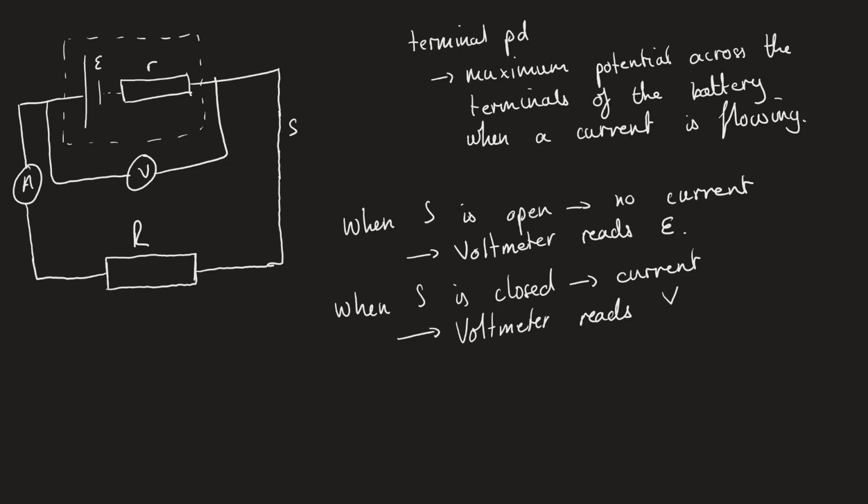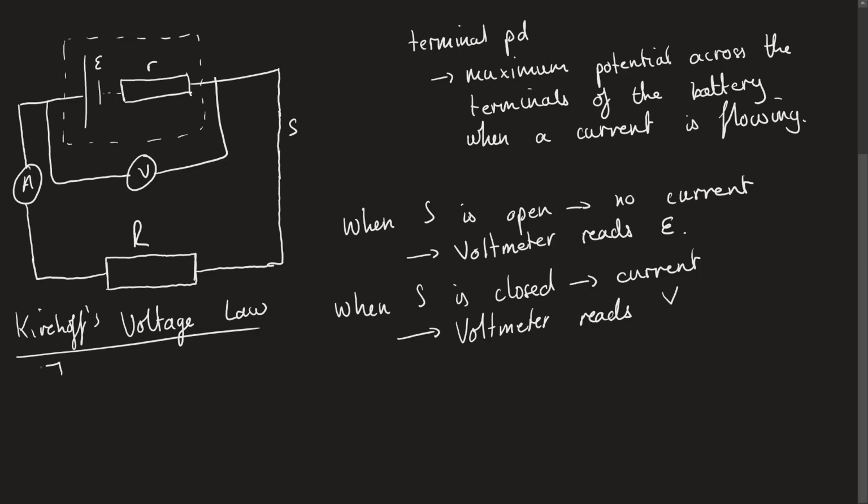Everything we've been talking about is to do with a voltmeter, so we're always looking at the potential, which means we're going to be looking at Kirchhoff's voltage law. Kirchhoff's voltage law, if you remember back, states that the sum of all of the EMFs in a loop must be equal to the sum of all the potential lost in any loop.